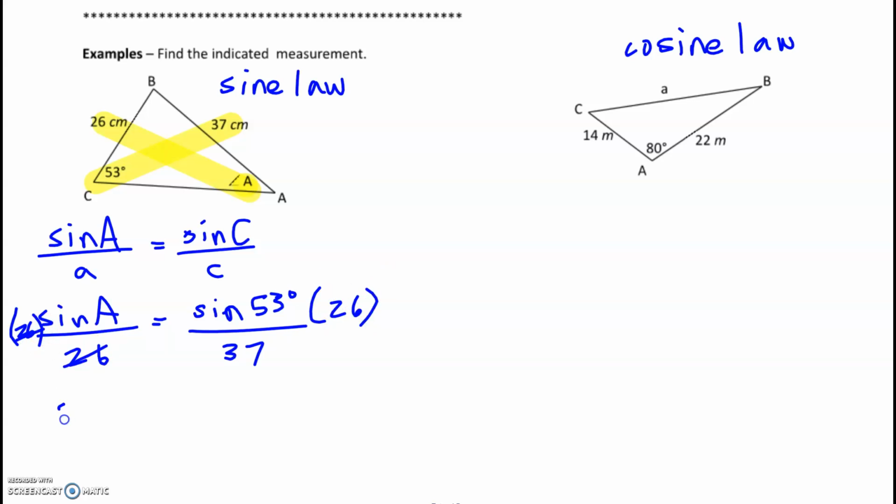That cancels, so I'm left with sine A, and I'll put this in my calculator as sine 53 divided by 37, and then times 26. Okay, we get 0.5612.